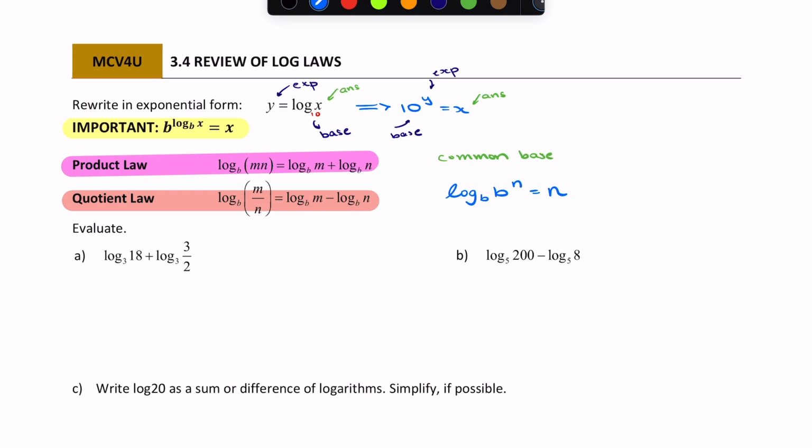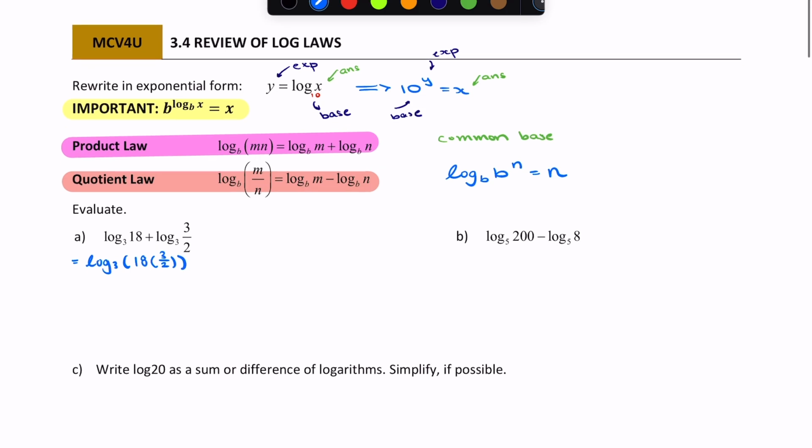Okay, so let's evaluate this. Here we have log base 3 of 18 plus log base 3 of 3 over 2. We can rewrite it as log base 3 of 18 times 3 over 2. This is the product law.